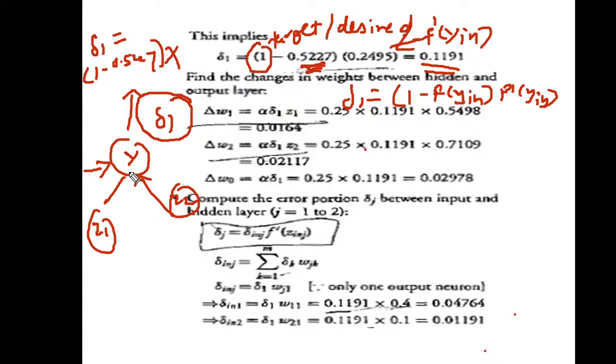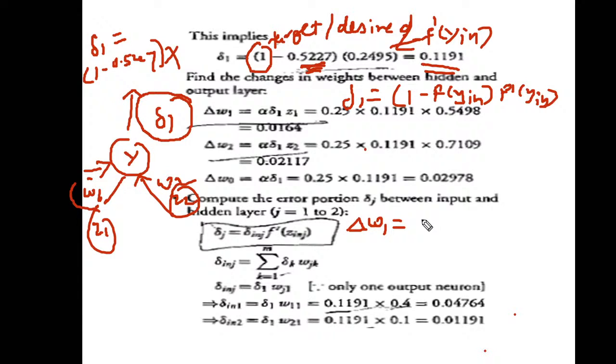So definitely there will be changes in W1 and W2. So we will calculate that also, what will be the change in W1 due to this delta 1, and what will be the change in W2 due to this particular delta 1. You can remember the formula. So delta W1 means the change in W1 weights due to this delta 1, that is this error.